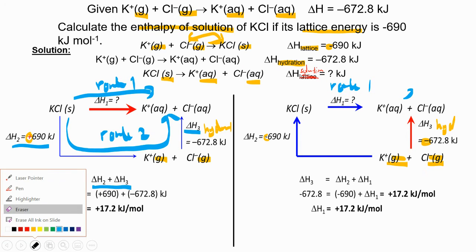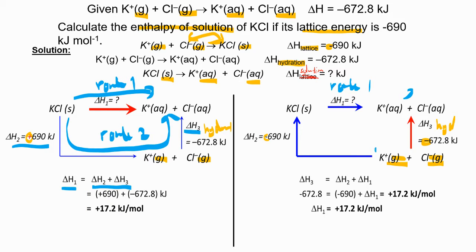We just look at whether it is continuous, like going one direction. So this is route 1, and then another one will be route 2. Now this time route 1 consists of enthalpy 2 and enthalpy 1, and then enthalpy 3 equals enthalpy 2 plus enthalpy 1.